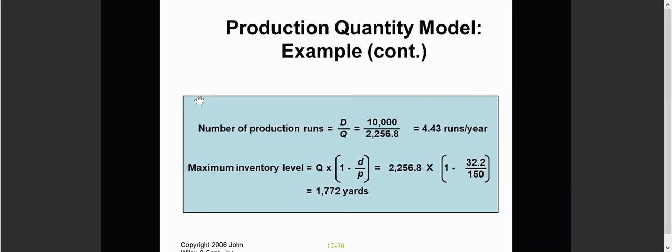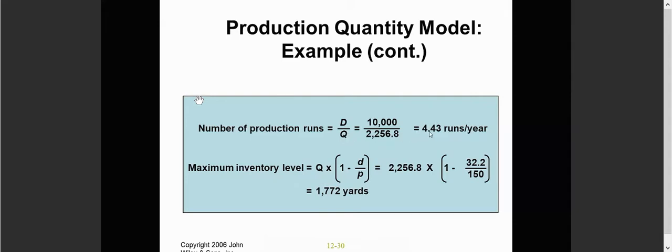Number of production run, berapa kali kita perlu membuat pesanan ataupun perlu buat setup pada mesin kan. Kita perlu buat setup ataupun berapa banyak batch yang kita akan ada kan, iaitu kita tengok di sini demand bahagi dengan optimum order quantity.